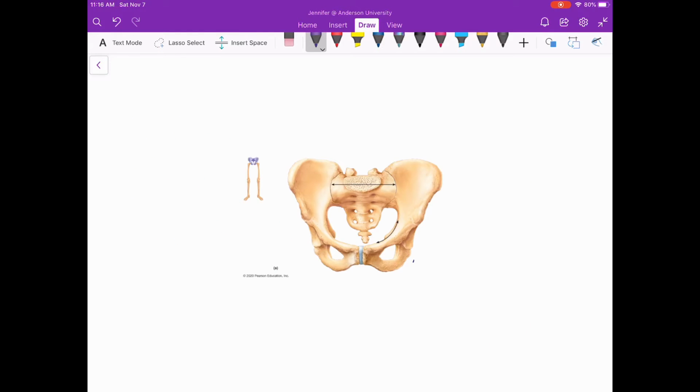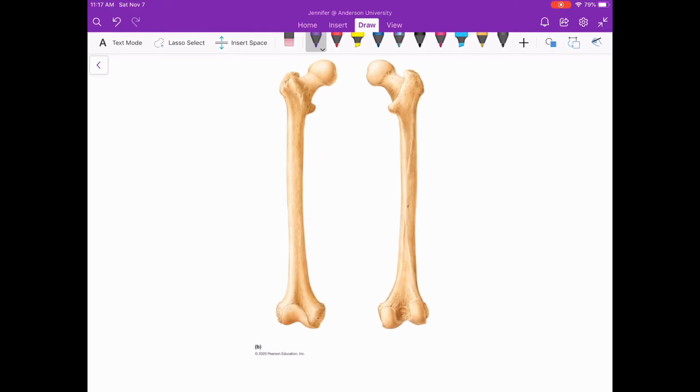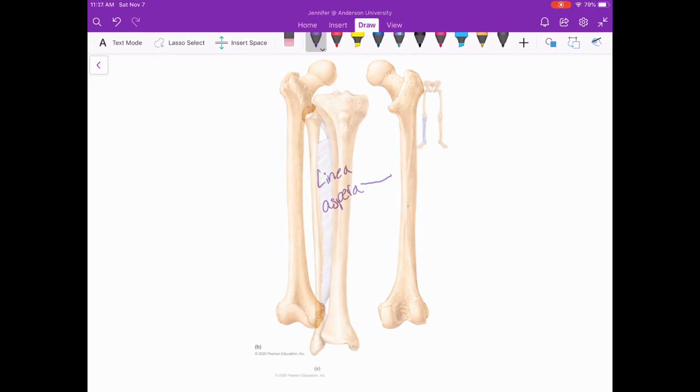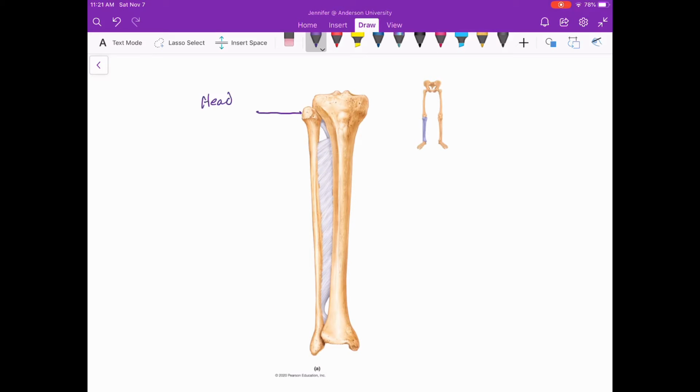Here we have a pelvis so that you can see the ischial tuberosity. Here we have a femur, so once again you can see the linea aspera on this. Here we have the fibula and the tibia, so you can see the head of the fibula as well as the lateral condyle of the tibia.